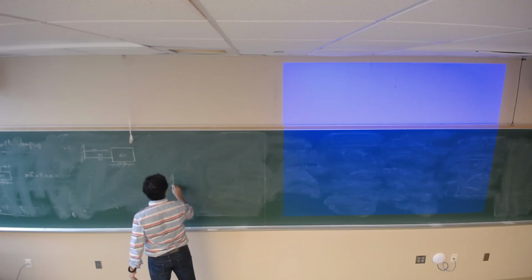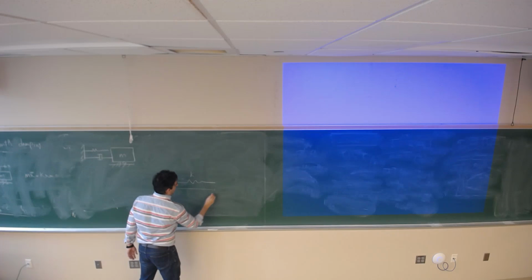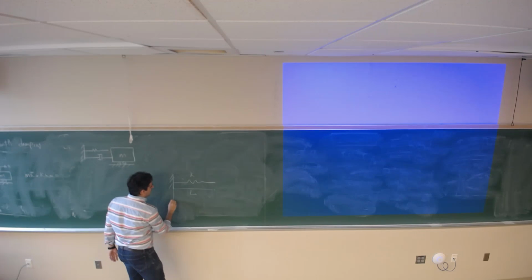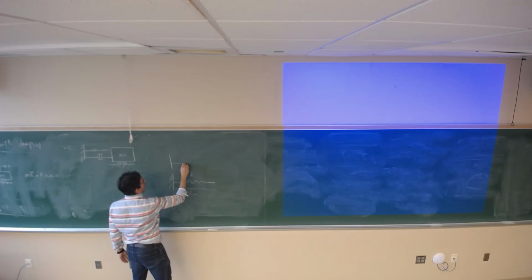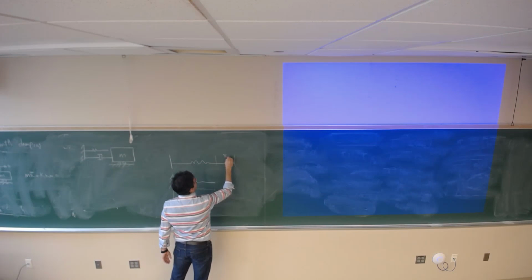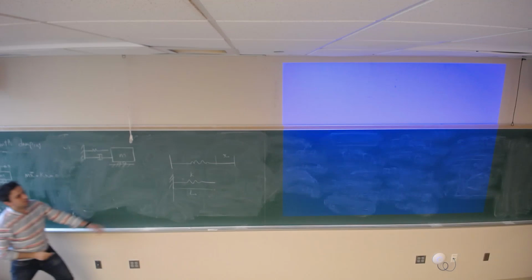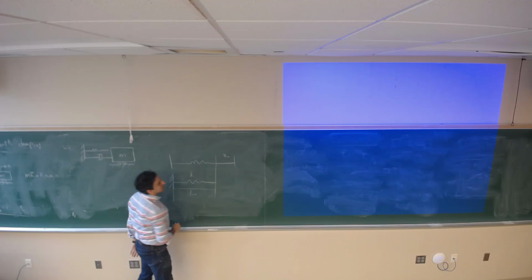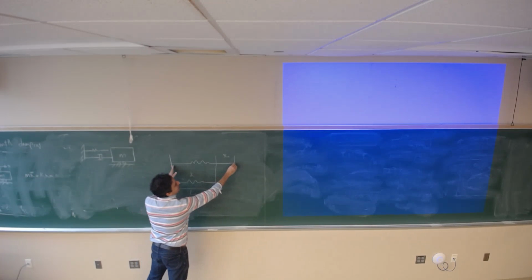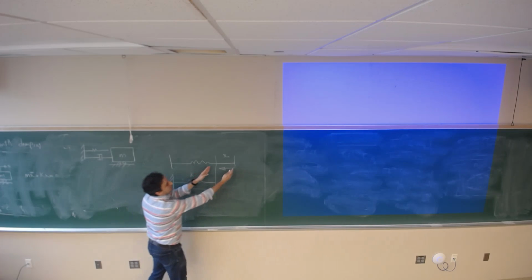So if it's at the L naught, if you make a deflection with the magnitude of x naught from the relaxed point, then at this end you are going to apply force in the opposite direction of deflection.